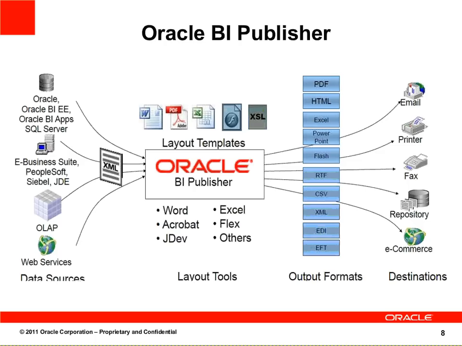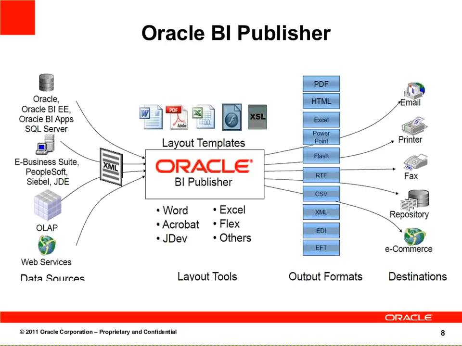Then, when the layout gets designed, we have these different output formats, which you can see towards the right-hand side. You have PDF, HTML, Excel, PowerPoint, all kinds of output formats. Then towards the far right, you would see a column which says destinations.